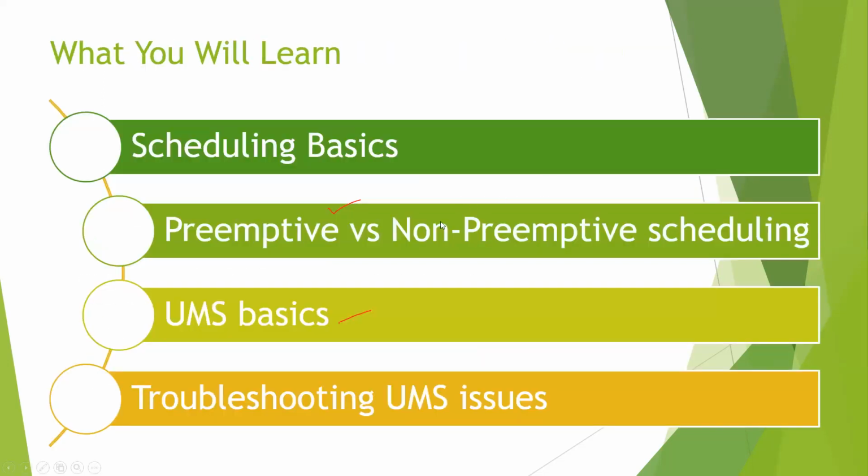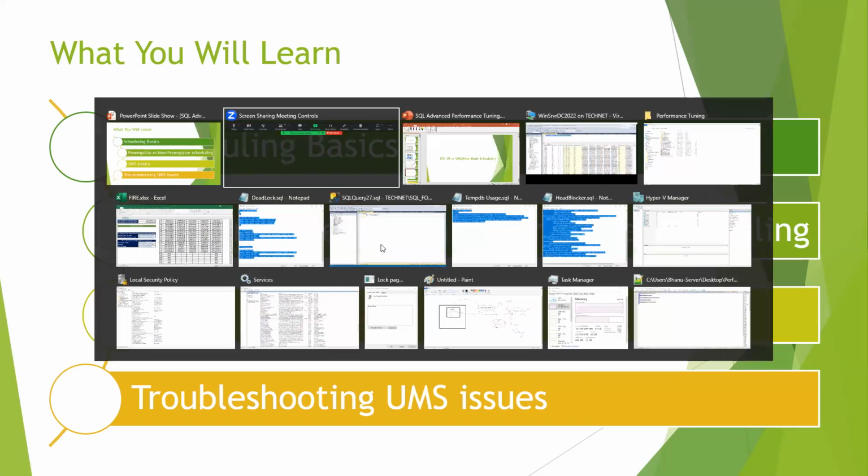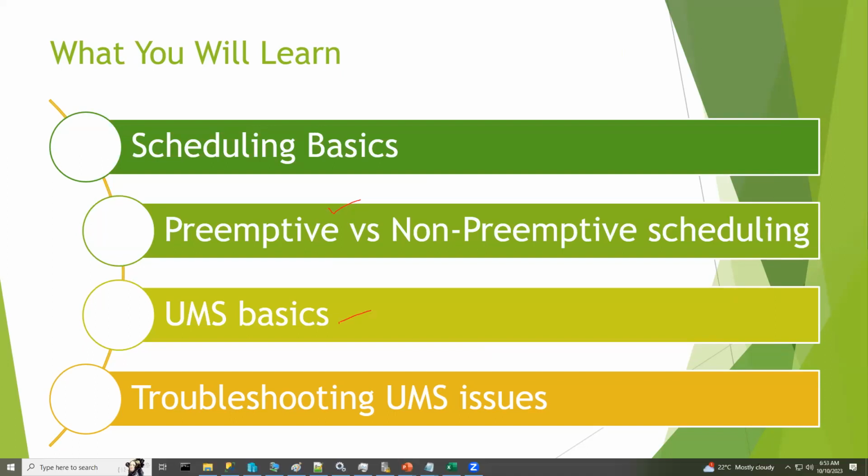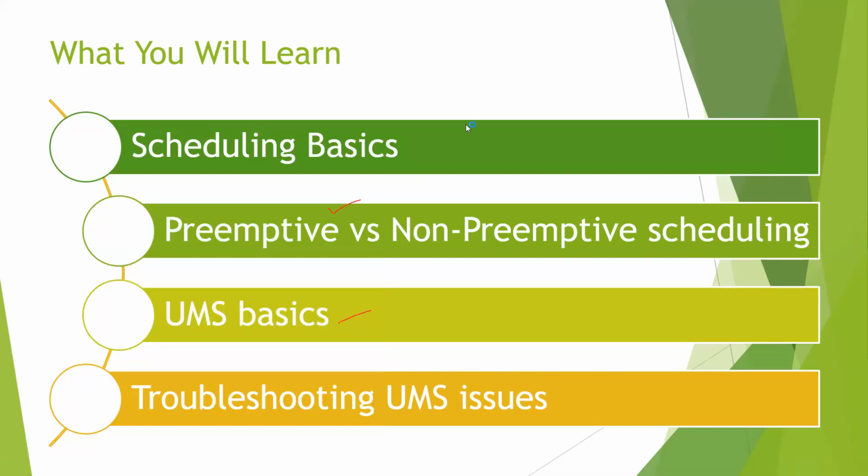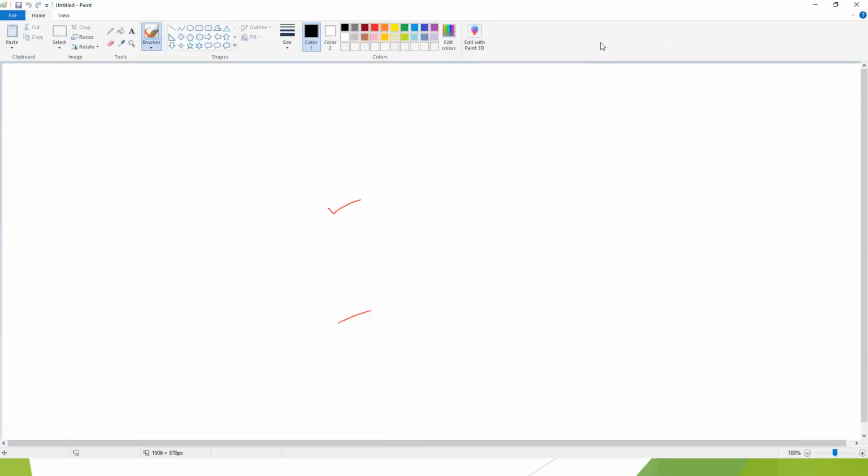For example, we have a Windows operating system. If you have a Windows operating system, why do I need a SQL operating system? Why do I need a different layer for SQL?